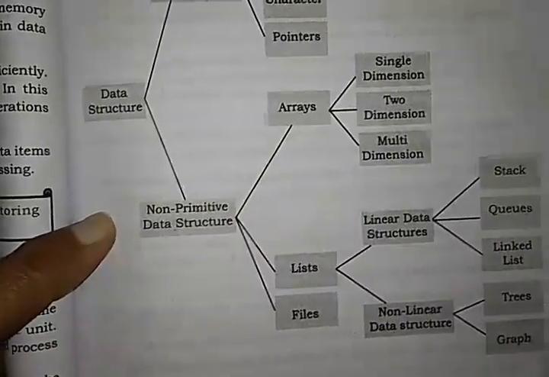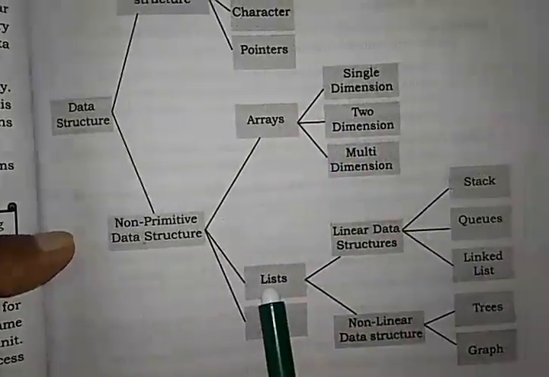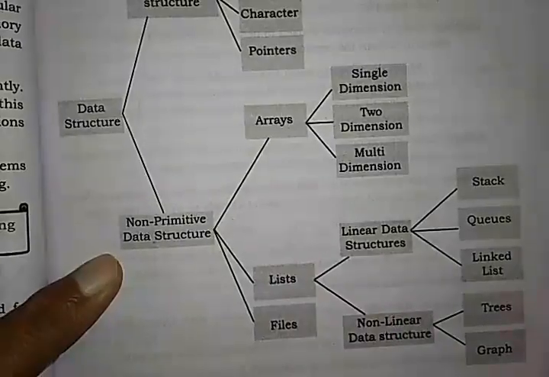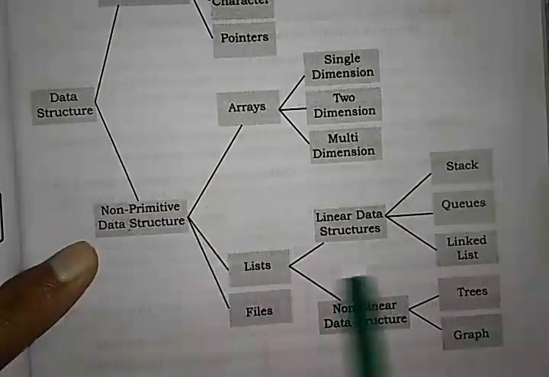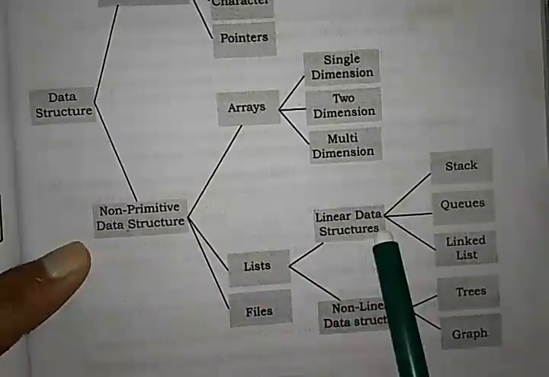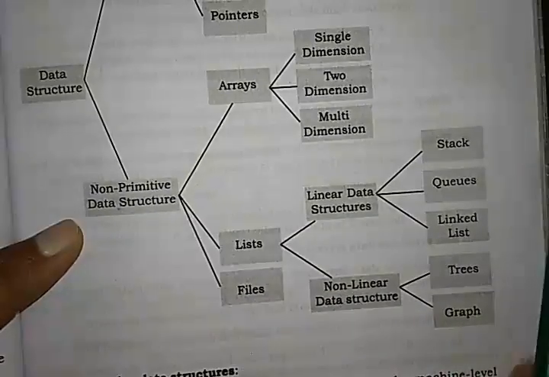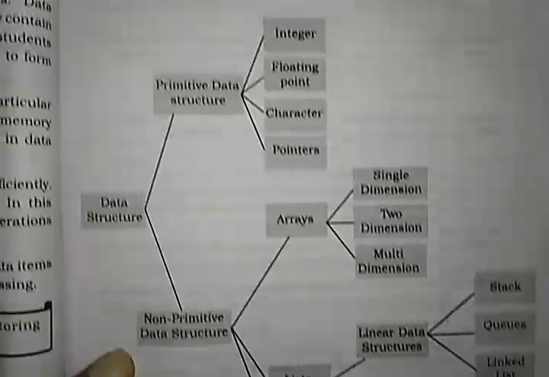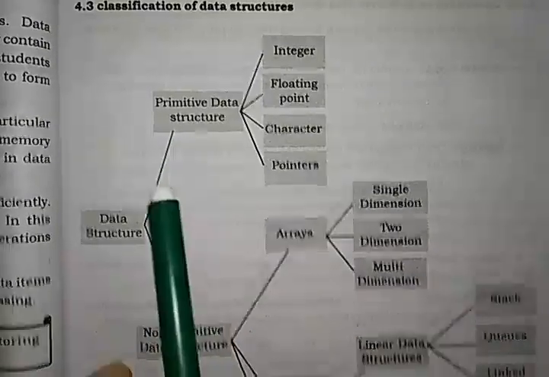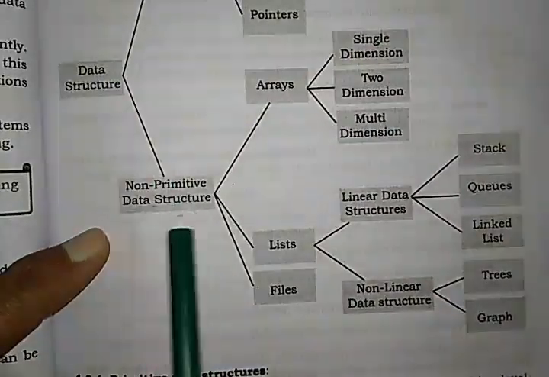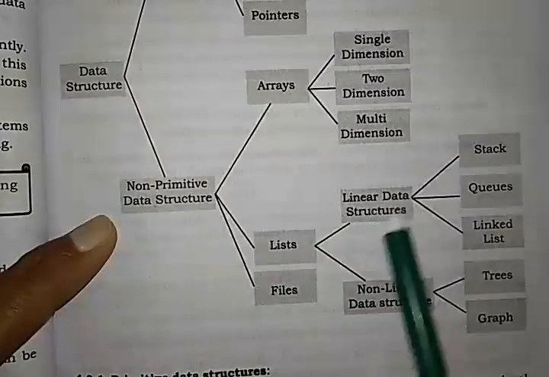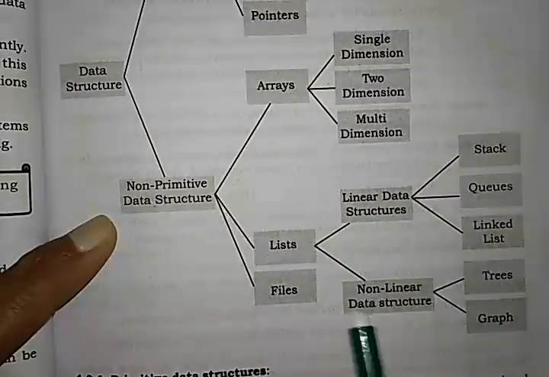All these things we will see later. So I am interested only in these 2. The lists can be linear data structures, non-linear data structures. So here we will write the definitions of primitive data structure, non-primitive data structure, linear data structure and non-linear data structure with some examples. Wherever it is possible, we will try to give examples.